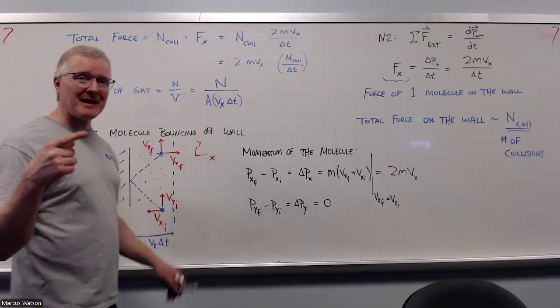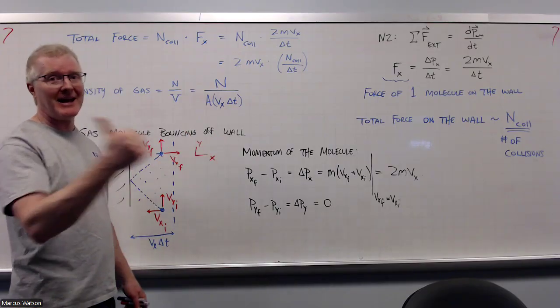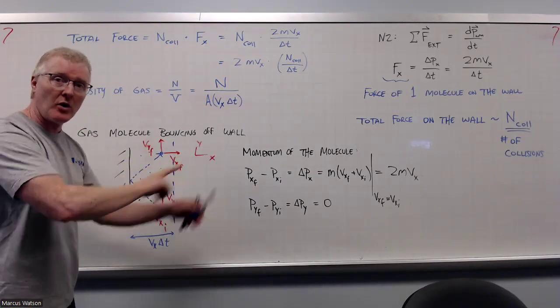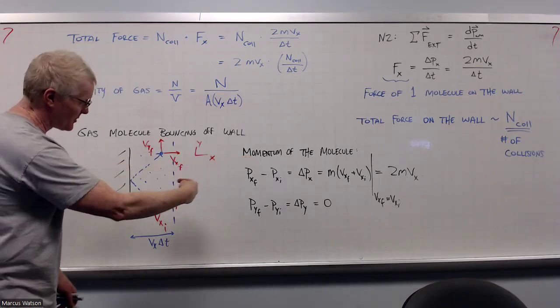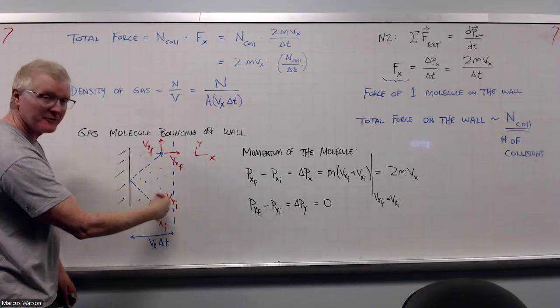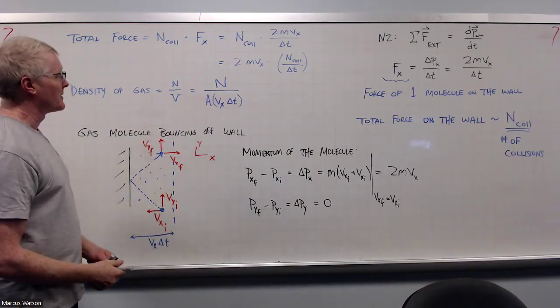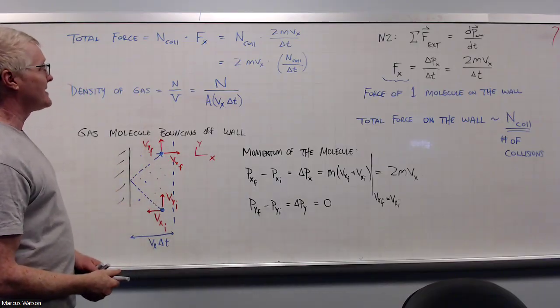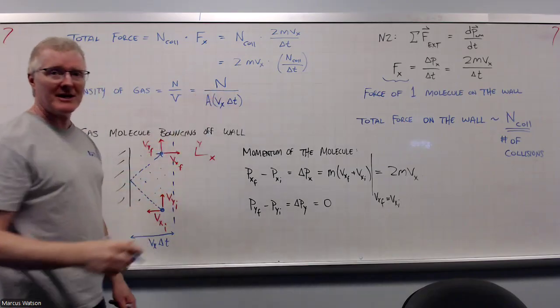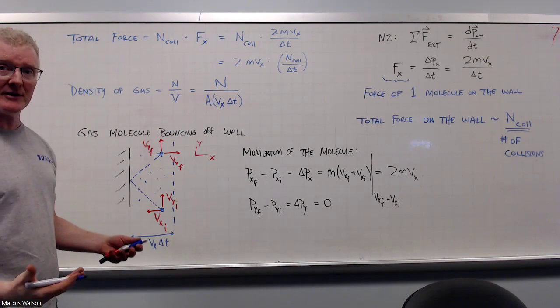That means we'd expect half of them to be going to the right and half of them to be going to the left. Therefore, within here, half of them aren't going to hit the wall because they're going this way. So half of them are because they have this component of V towards the left. So within this number there's really a 1/2 built in.